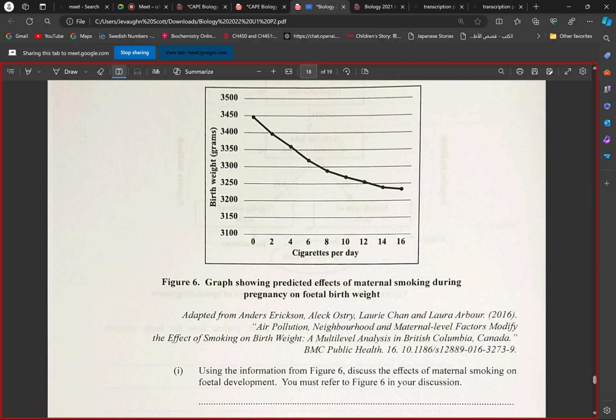We could also look at the tar, nicotine, and various carcinogens from the cigarette that would lead to toxic chemical exposure to the fetus, and impaired nutrient absorption. So there's not going to be proper nutrient absorption, and therefore not proper development. Therefore, your child will be born underweight. That is what we must talk about.